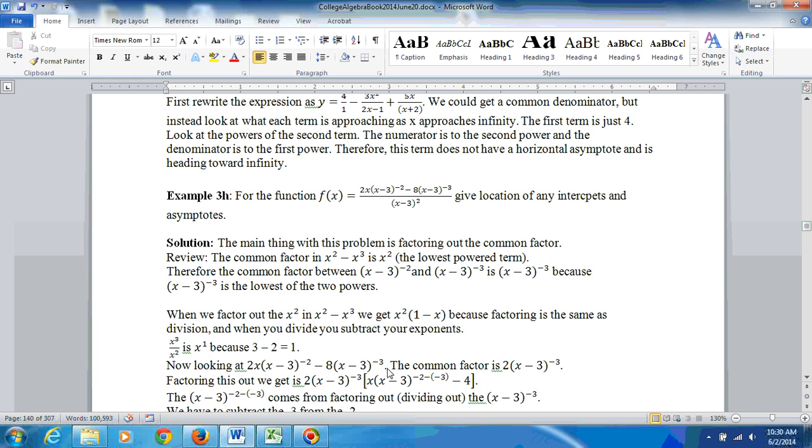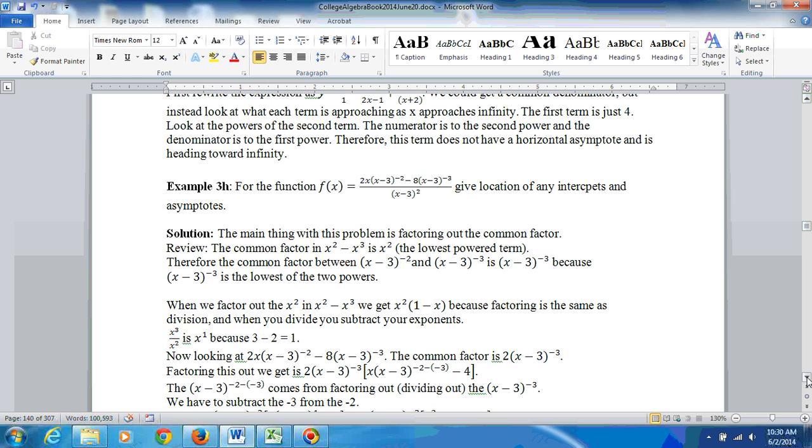Okay? Well, the same thing goes on here. When you factor out that x minus 3 to the negative third, you're actually saying, well, what is negative 2 minus a negative 3? Okay, because you're factoring that out. Well, when you say what is negative 2, this exponent, minus a negative 3, well, that's the same as negative 2 plus 3, or 1.